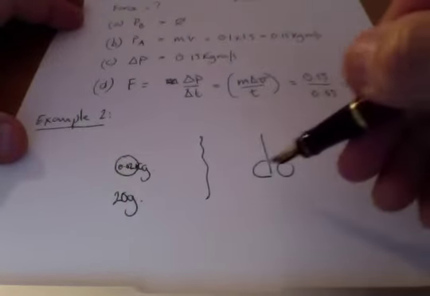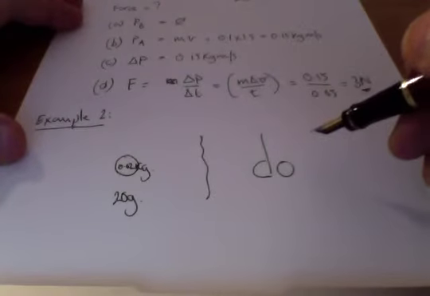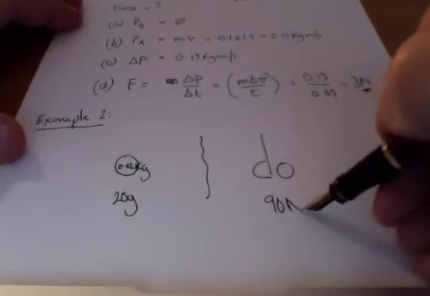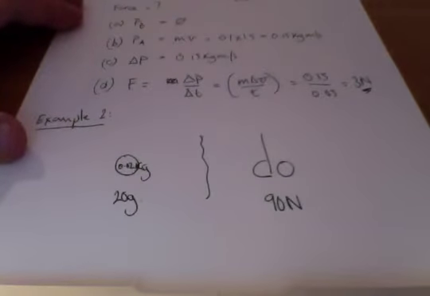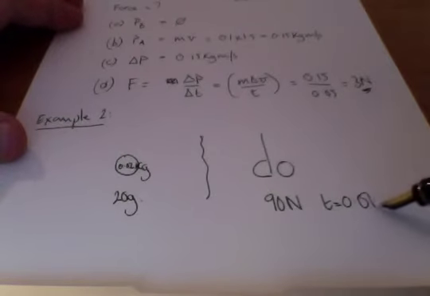We can ignore the golf club's momentum, we're just interested in the golf ball's momentum. And let's say that 90 newtons of force is exerted, and it happens for a time period of 0.01 of a second.